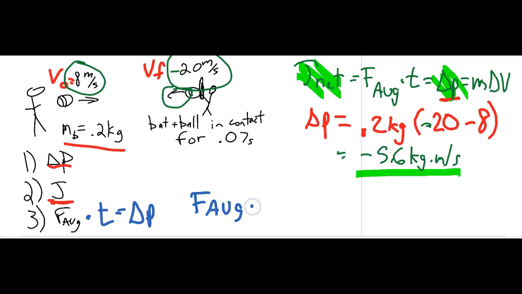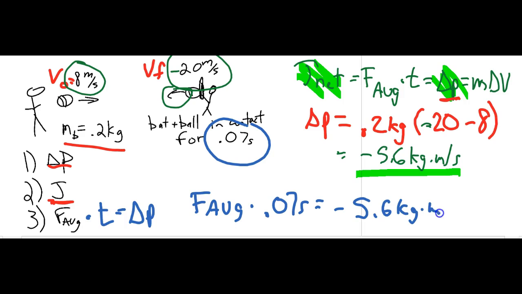Then I know the time it gave me right here, 0.07 seconds, equals the change in momentum, which is negative 5.6 kilograms times meters per second, divided by 0.07, and I ended up with a negative 80. So the force average equals negative 80 newtons.